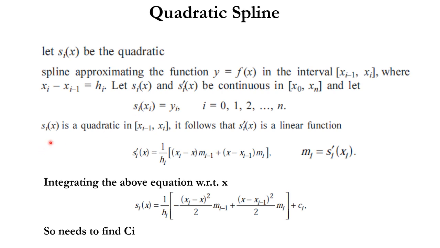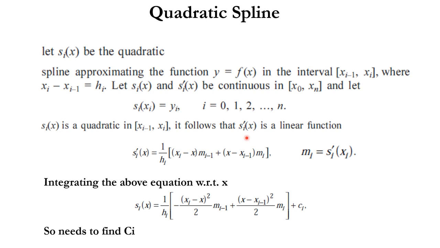We know that Si of x is a quadratic function, maximum a quadratic function in the interval, and then it follows that Si prime of x is a linear function. Means Si prime should be a first degree polynomial. The derivative of the second degree polynomial will be a first degree polynomial. So Si prime of x should be a linear function.